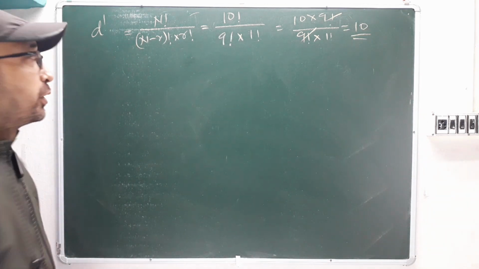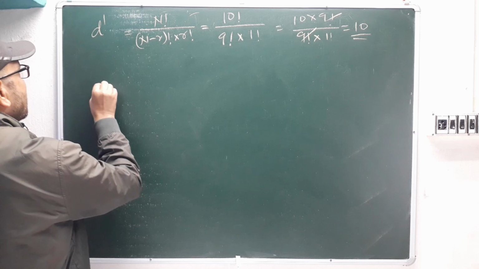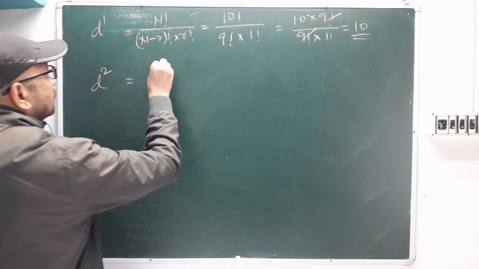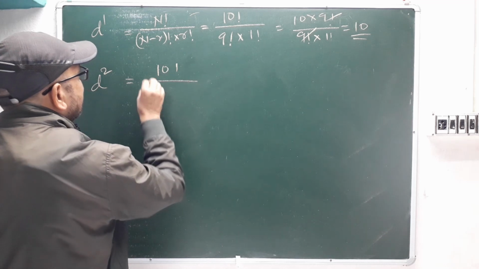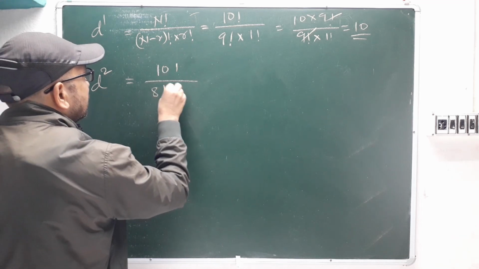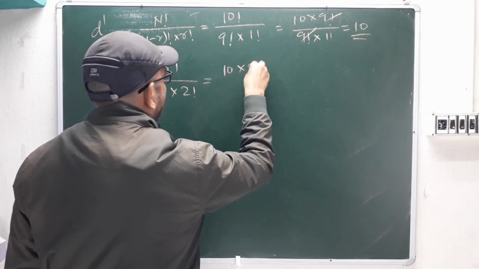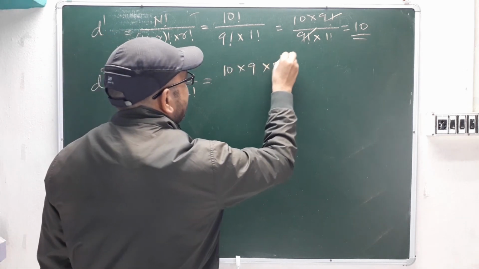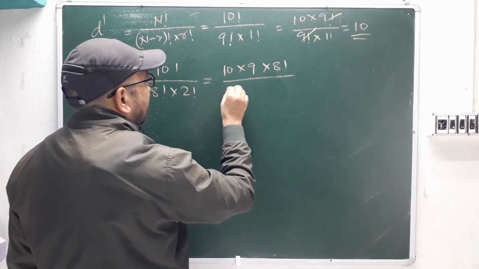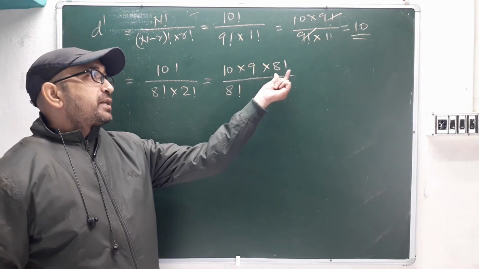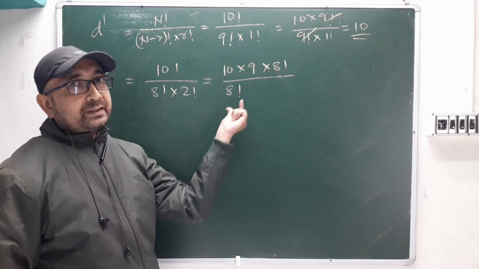Suppose you are solving for D2 or P2, whatever you want. Suppose you are solving for D2. So how will it work? Here it will be 10 factorial, and n minus 2, so 8 factorial into 2 factorial. So it will be 10 into 9 into 8 factorial divided by 8 factorial, because we can open it only until where it will cancel out.